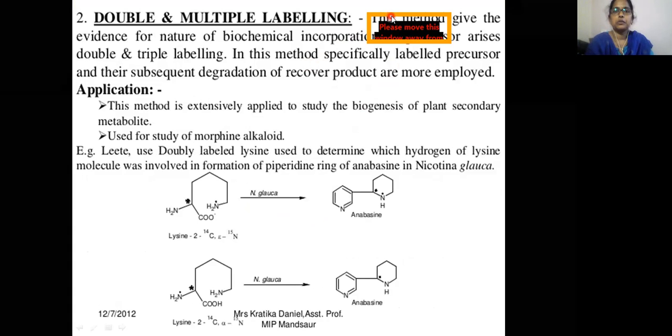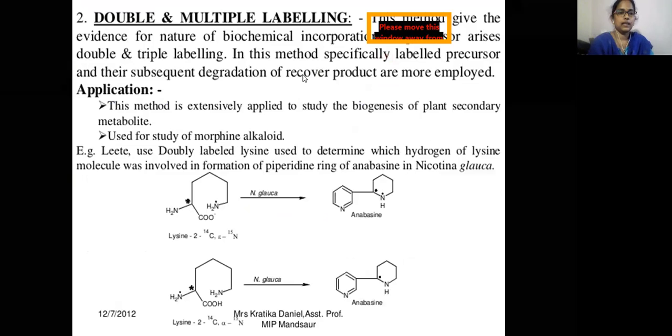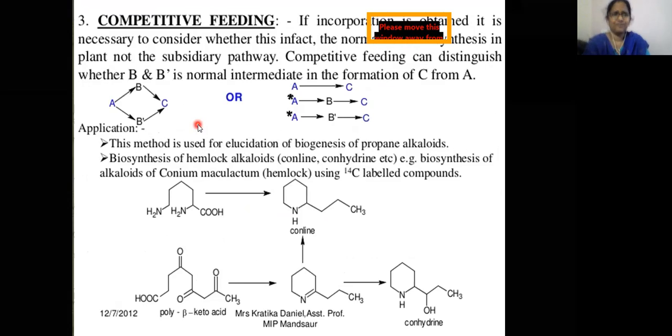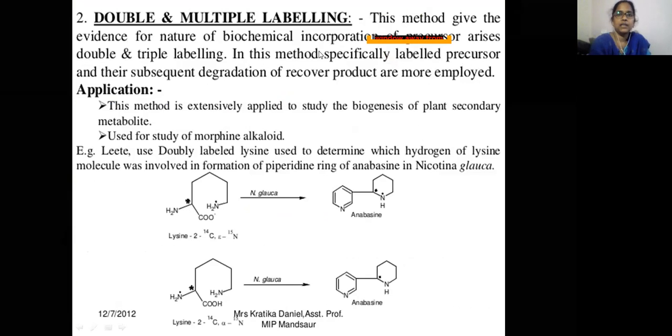So next is double and multiple labeling. This is nothing but similar to the first one, that is, precursor product sequence. Here we can establish the sequence, right? The method will be the same in the case of double and multiple labeling.